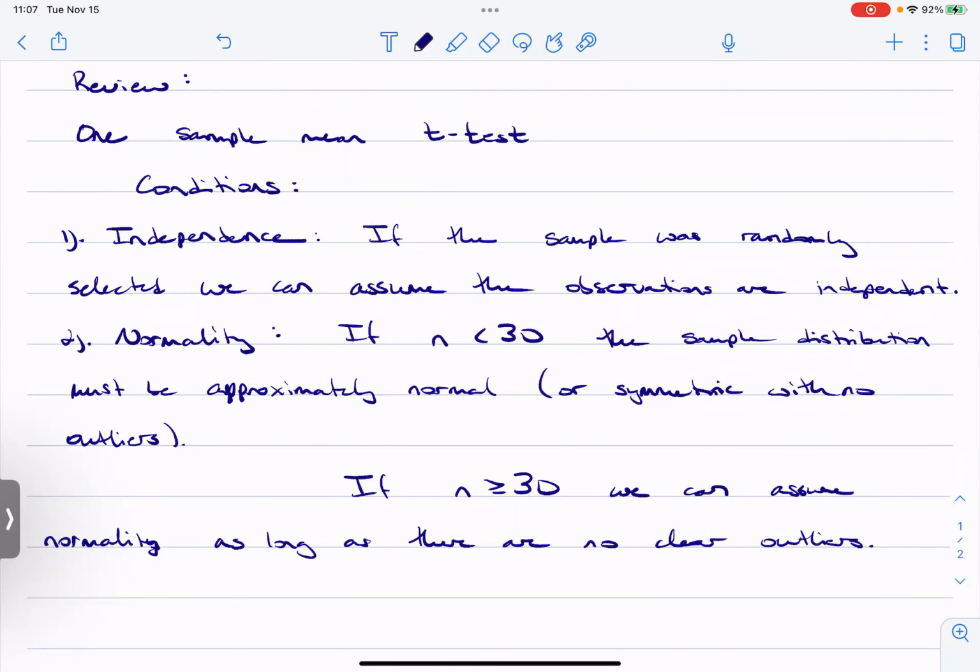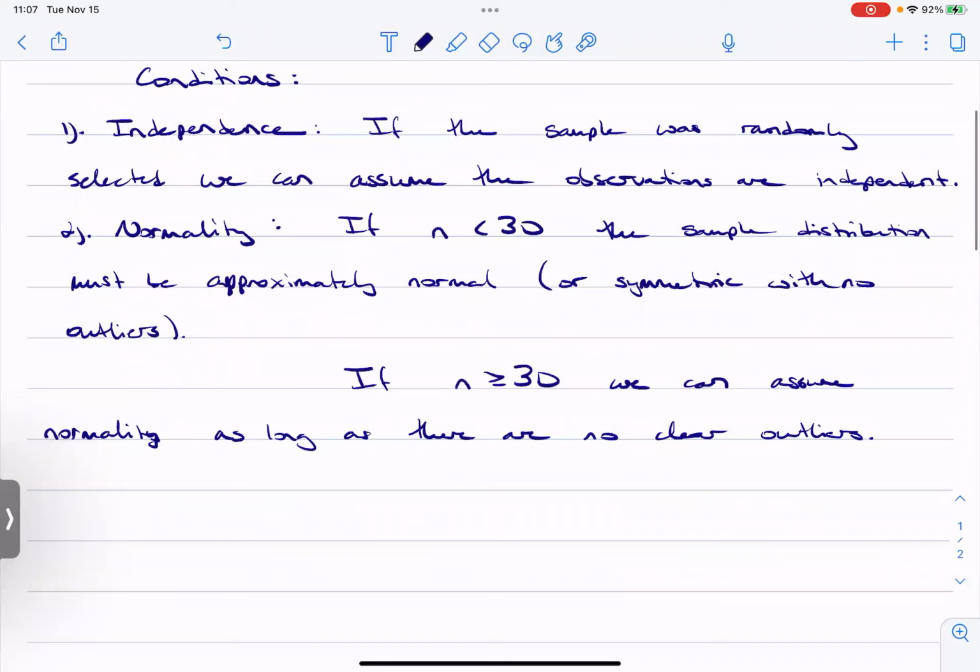We're going to recycle these conditions, so that's why they're worth mentioning. We're also going to do a confidence interval. So what was the confidence interval for the one sample mean?